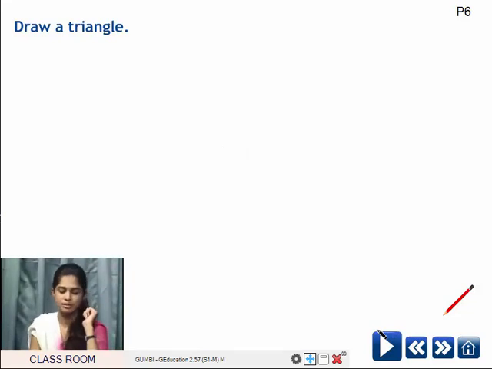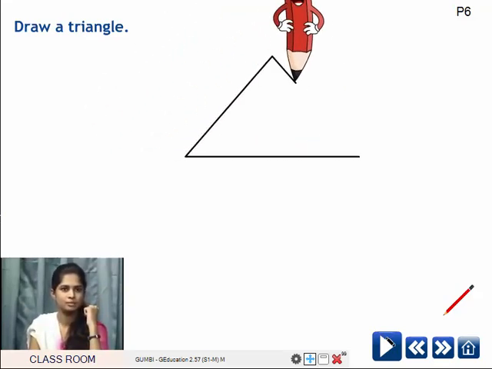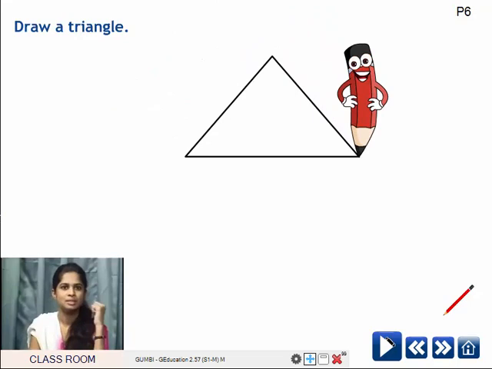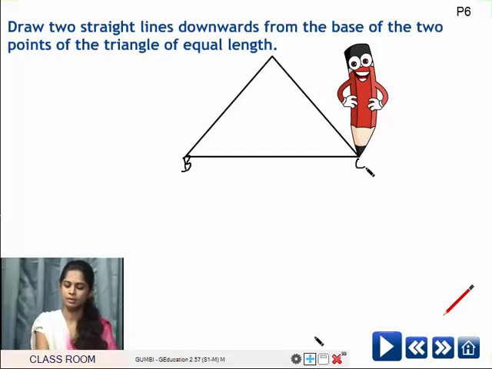Okay. So my first instruction is draw a triangle. Yes, students, draw a triangle. Very good. Now, second instruction is you have to draw two straight lines downwards from the point B, C. Observe the screen here.